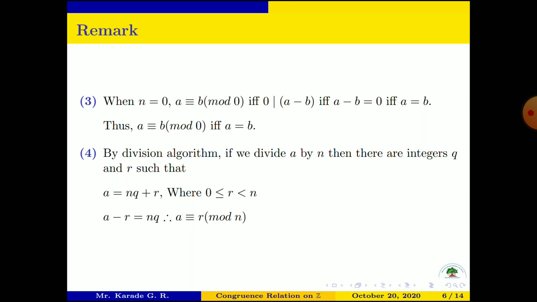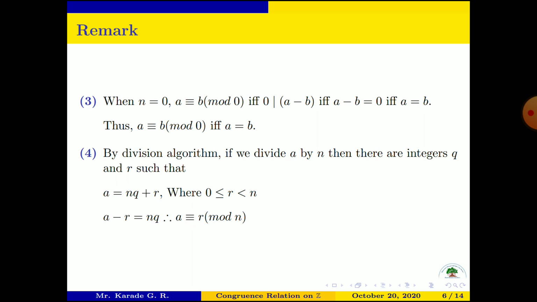So see here, once again, if we divide a by n and we have a remainder r, then we can say that a is congruent to r modulo n, or a is congruent to the remainder modulo n. So r is the remainder. Here we always write the remainder.